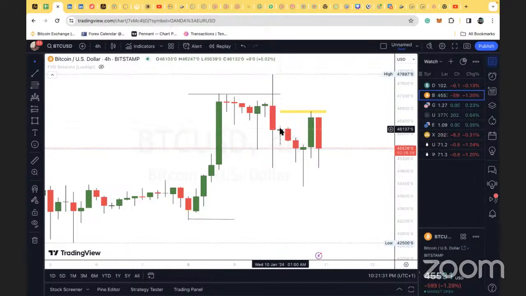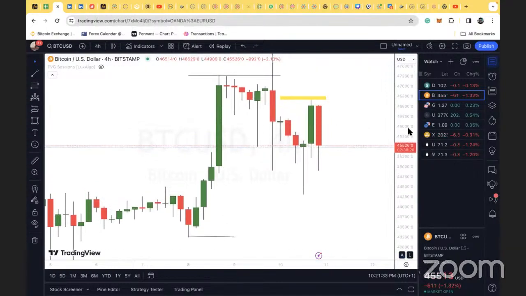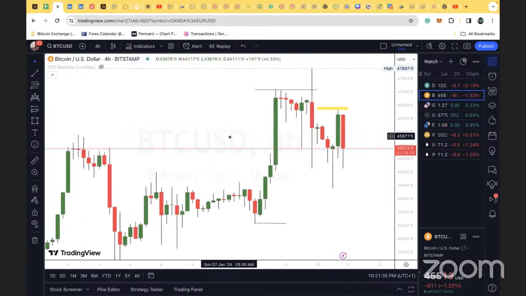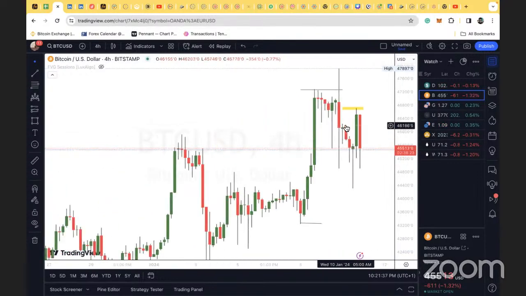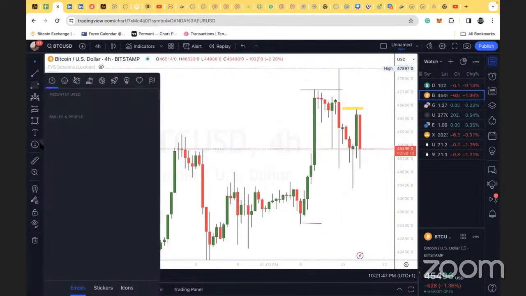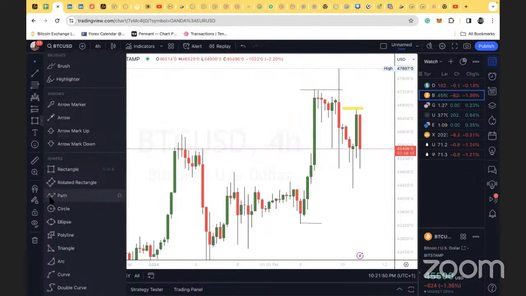When I look at this chart, what I can see first of all from when the day started is a sell sweep, a buy side liquidity cleared from here. Let me draw it so you see it.